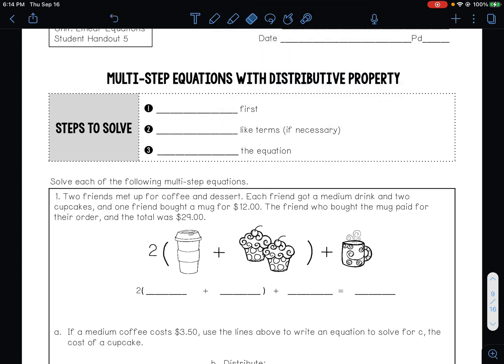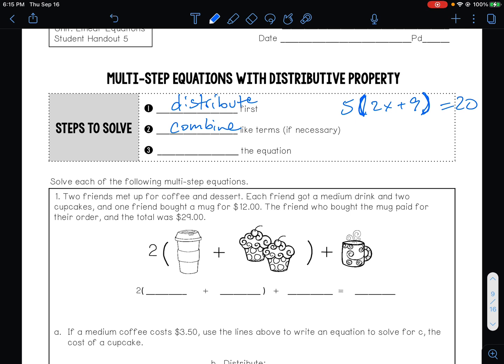So our first step, whenever you see an equation like this, like 2(x plus 9) equals 20, and these are parentheses, by the way, is distribute first, followed by combining like terms as necessary.